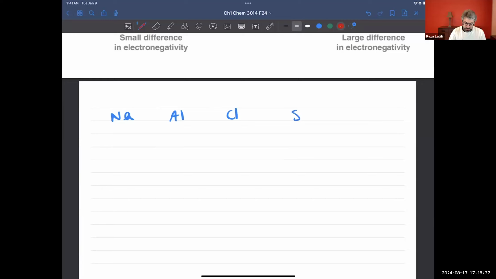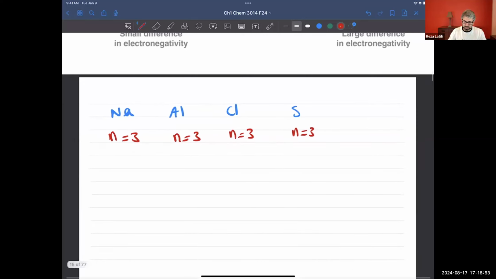All of them belong to the third layer. So in that case, because all elements belong to the third layer, we're going to sort them based on their number of protons. Sodium has 11 protons, aluminum 13, chlorine 17, and sulfur has 16 protons.